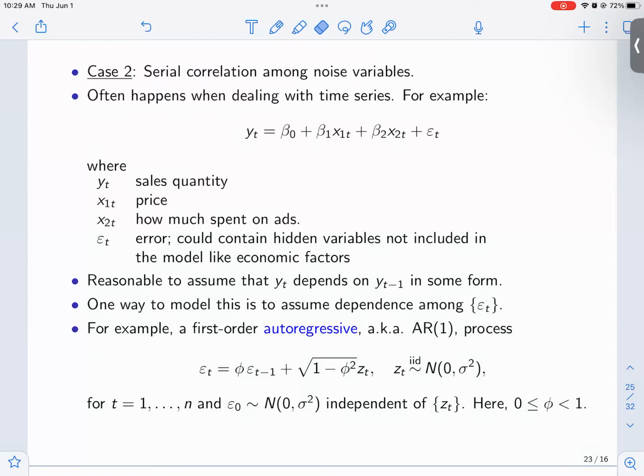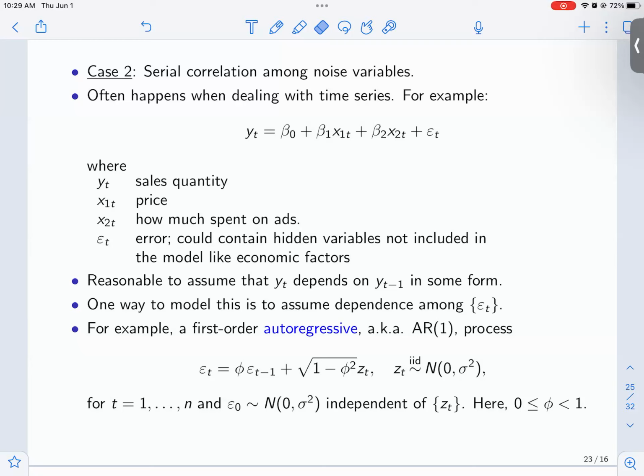Okay, so if you have taken a time series model course, or if you take one, you'd see, for example, that I can assume epsilon t is some constant times the previous value plus independent noise. Here, phi is basically a weighted average of the previous value and some independent noise.